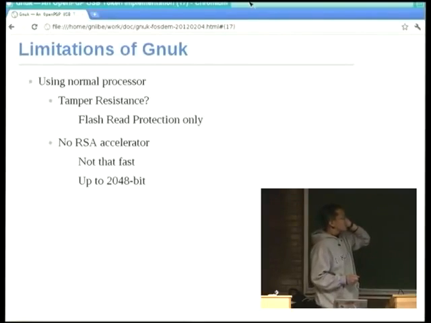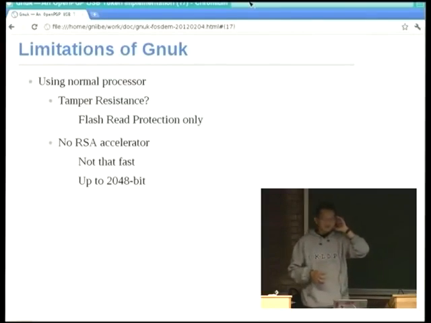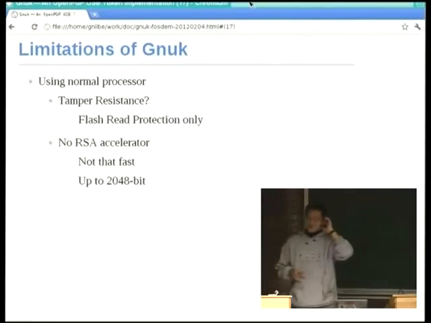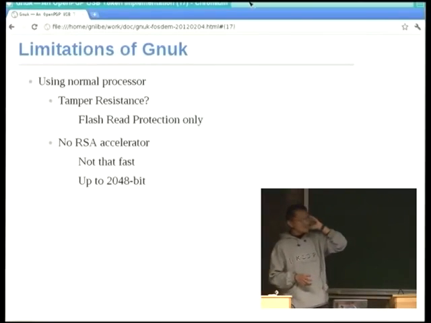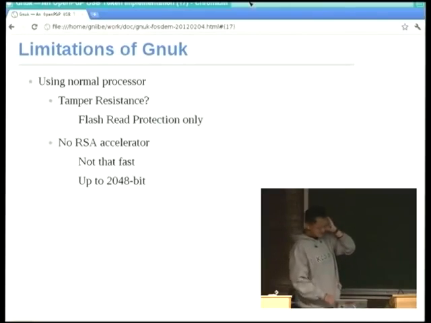It doesn't have an RSA accelerator, which means it is not that fast. Technically, we have a limitation of up to 2048-bit keys. Many Debian developers these days have 4096-bit keys, so their keys cannot be imported to the Gnuk token, unfortunately.